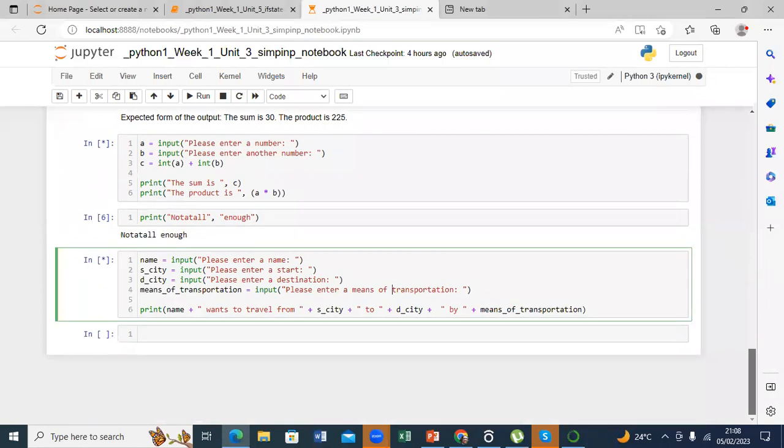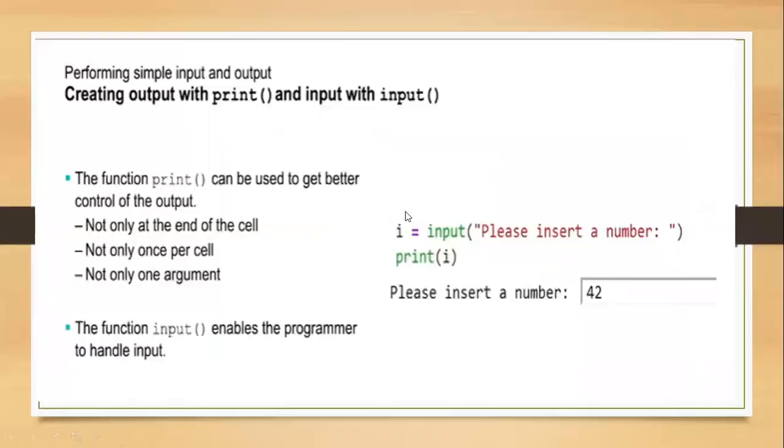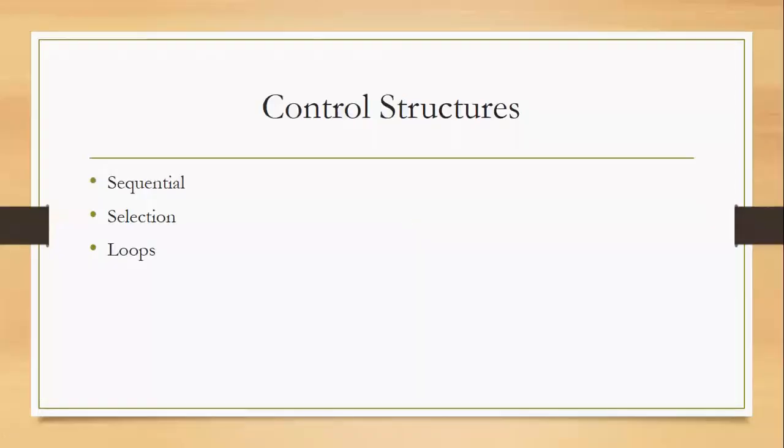So basically that should introduce us to input and print functions. The next thing we are going to learn is about the control structures. Last week, we said we are going to learn about input functions, print functions, and also control structures. So what are control structures?